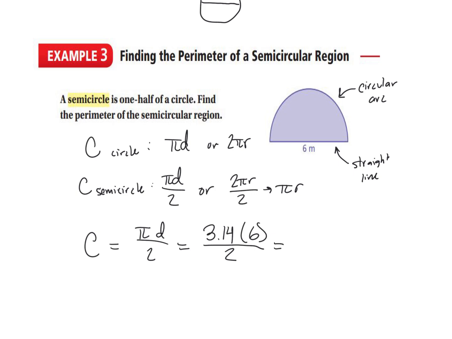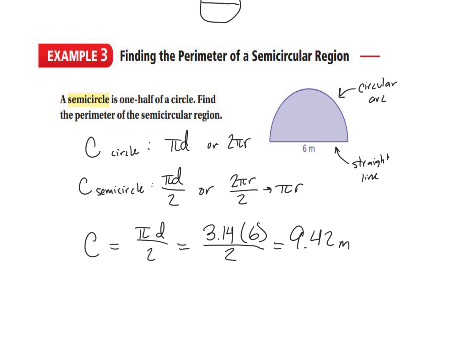I'm just going to type into my calculator right here: 3.14 times 6 divided by 2. I get this answer of 9.42 meters.